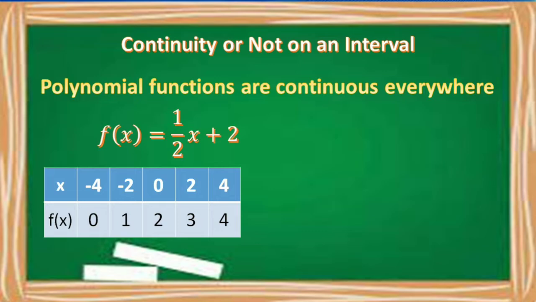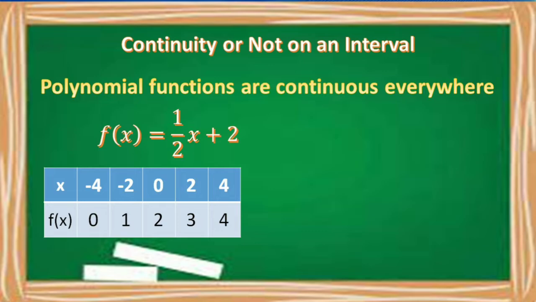If x is -2, then f of x is 1, because 1/2 of -2 is -1. -1 plus 2 equals 1. If x is 0, then f of x is 2, because 1/2 of 0 is 0. 0 plus 2 equals 2.